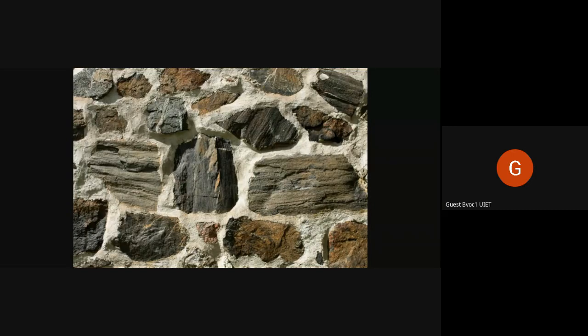What defects can we find in stones that make them unfit to be used in construction? They are hollow, they are too porous, they have cracks in them that might lead to failure of the structure.